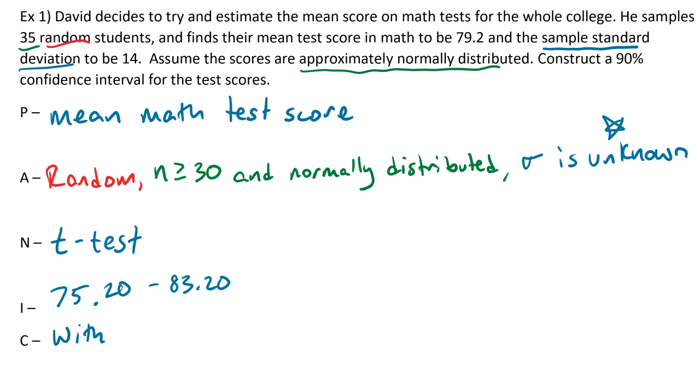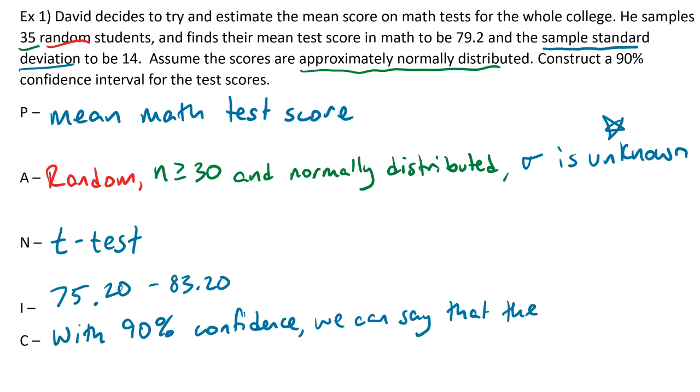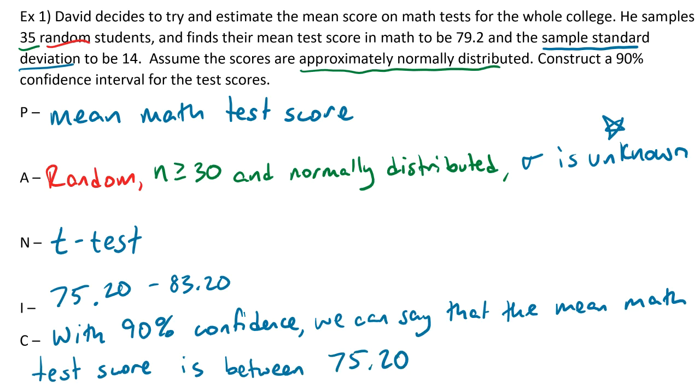With the level of confidence we have, which was 90% confidence, we can say that our parameter, so the mean math test score, is between our interval, so 75.20 and 83.20.